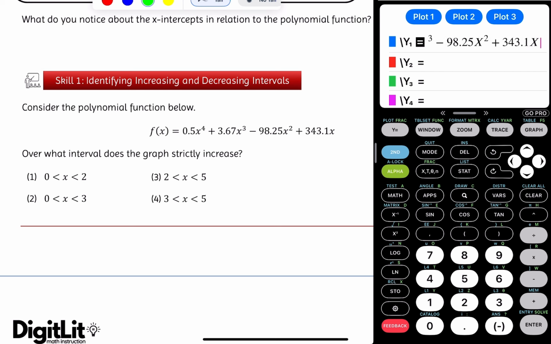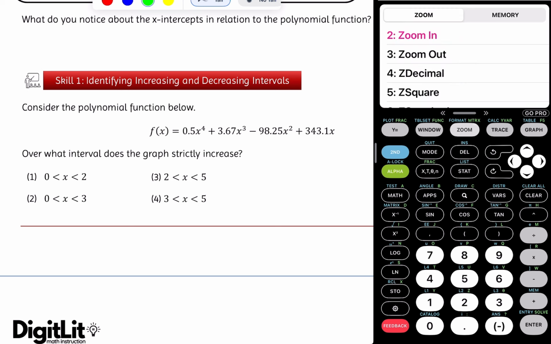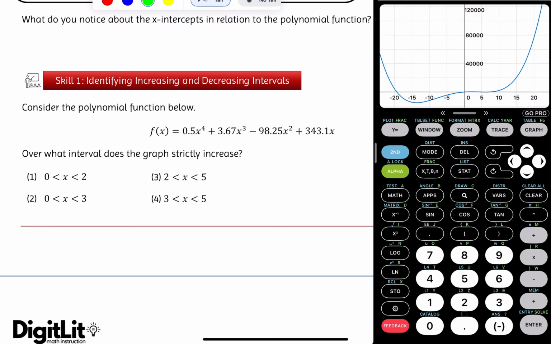Now, it could be an ugly graph like this, okay? And we can't see it all when we go to it. So you could always press zoom out, which is 3, or you could do zoom fit, which is 0, and that might just give you like a better picture of it.